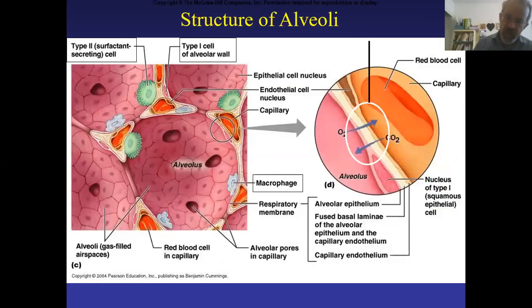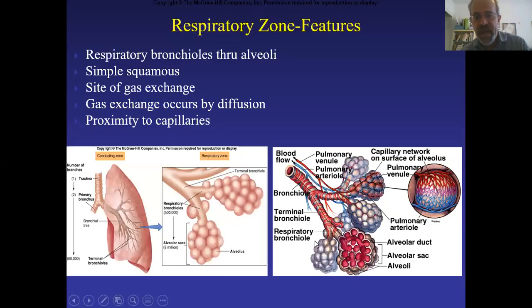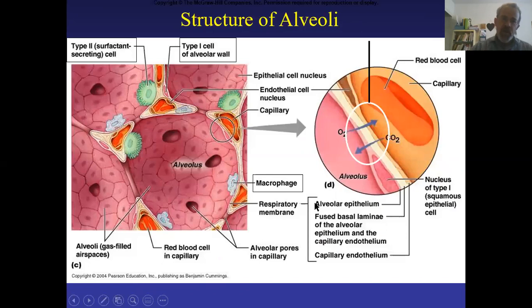All right. So now we're at the alveoli. So what do we know about the alveoli? Well, the alveoli are like little grape sacs that are part of a cluster, but each individual one is called an alveolus. The whole thing is called a sac. In each of these sacs is where gas exchange is going to occur. And here we've got a cross section.